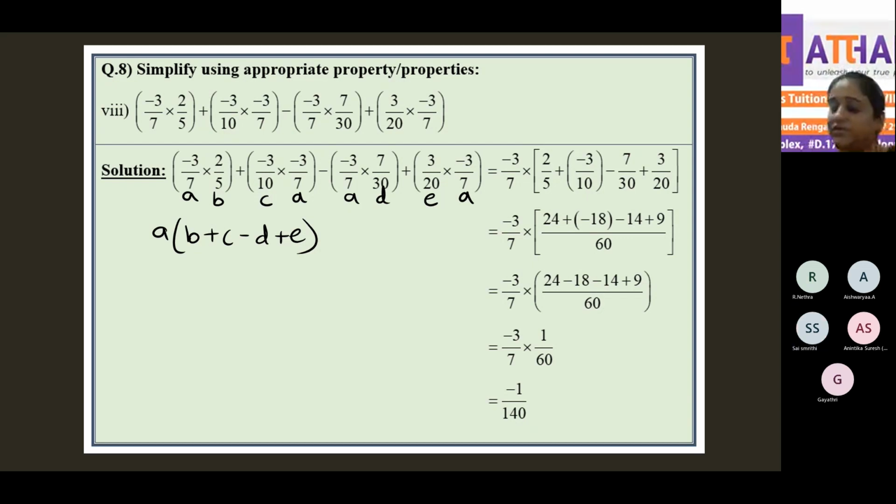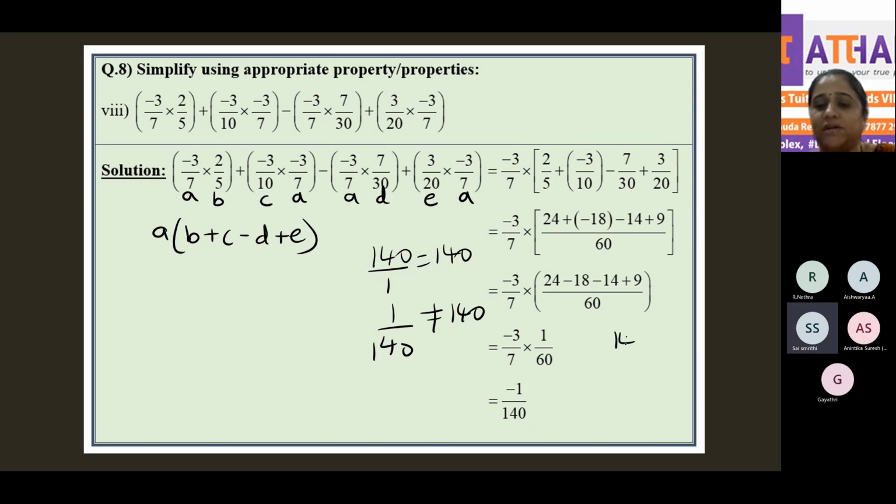Okay, so now we know that 140 divided by 1 is 140, but 1 by 140 is not 140. 1 by 140 is 1 by 140 only. So it is minus 1 by 140. Okay? Okay, ma'am.